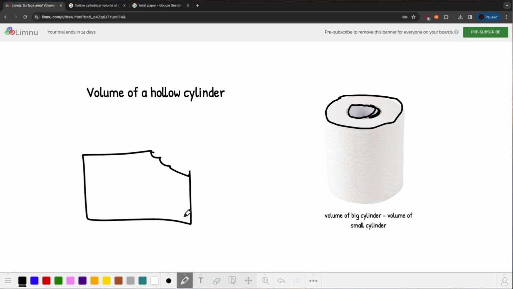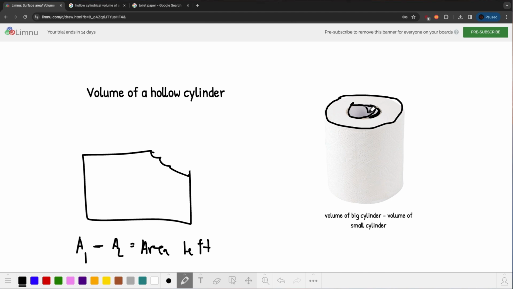Just like composite shapes, it would be area of big shape minus the area of the small shape, and you get area of what's left. So that was for 2D shapes. But for 3D shapes, it's going to be volume of big cylinder. So we're going to find the volume of the big cylinder, find the volume of the small cylinder, minus that, and you'd get the volume of what's left.